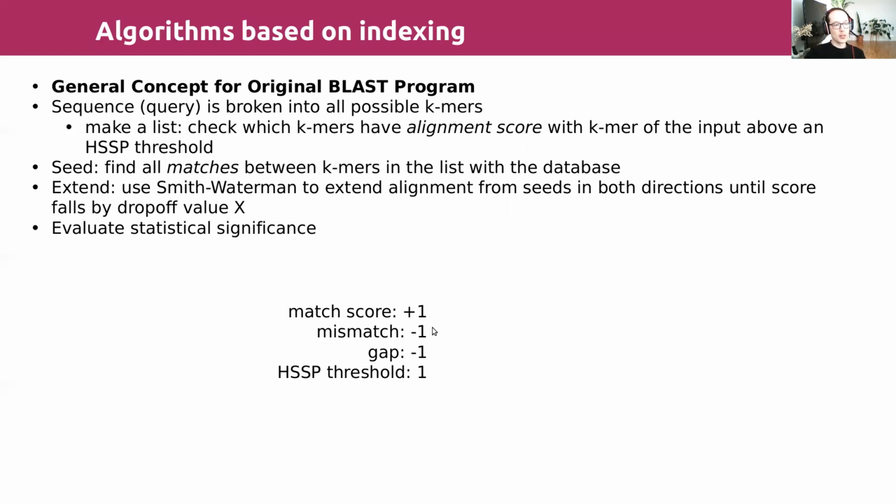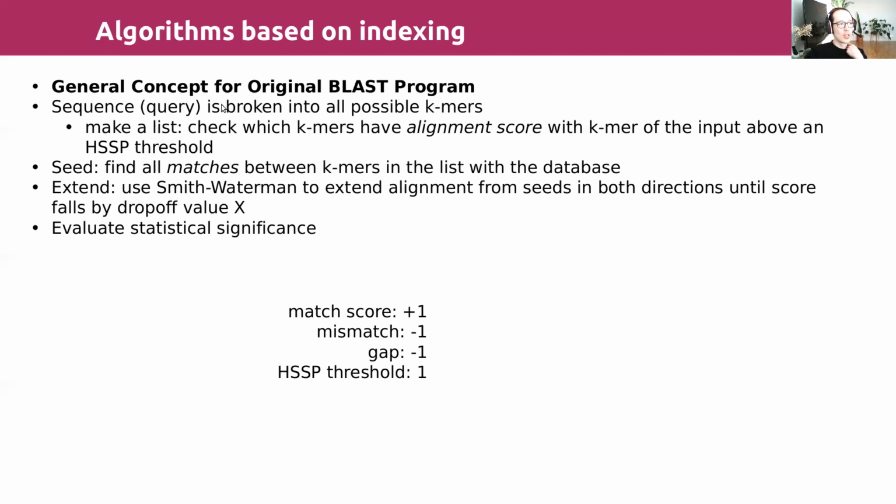Maybe you have a substitution matrix for these numbers, or maybe you just have fixed match and mismatch scores and a gap score. But for BLAST, you need an additional number, which is this threshold. And the threshold determines which k-mers, in addition to the ones from the query, you're going to use in your search.